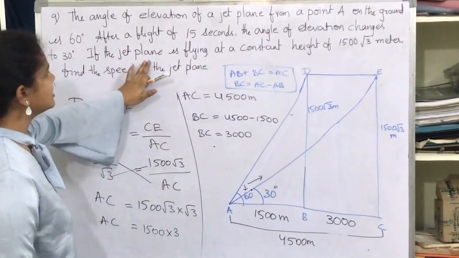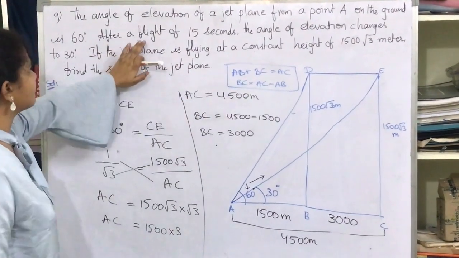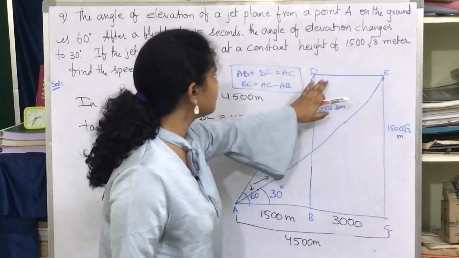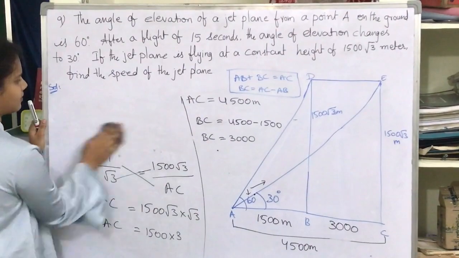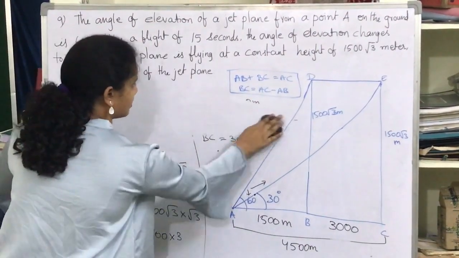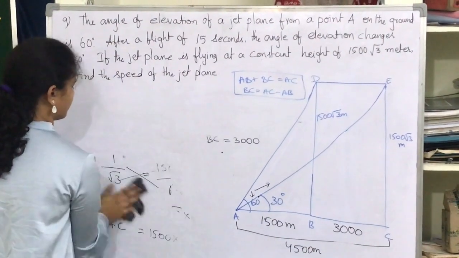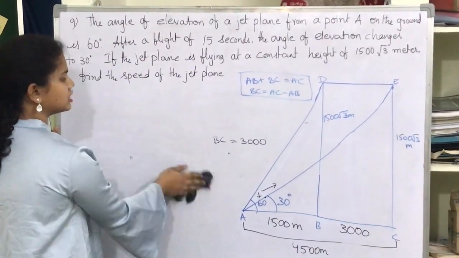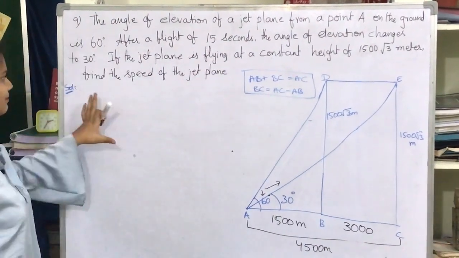Now here we need, as the jet plane is flying at a constant height of 500 meters, after a flight of 15 seconds, the speed of the jet plane.